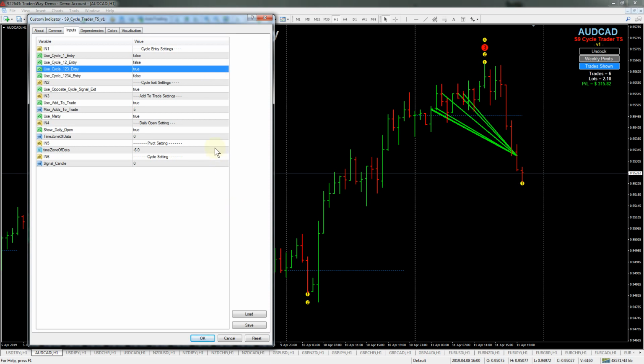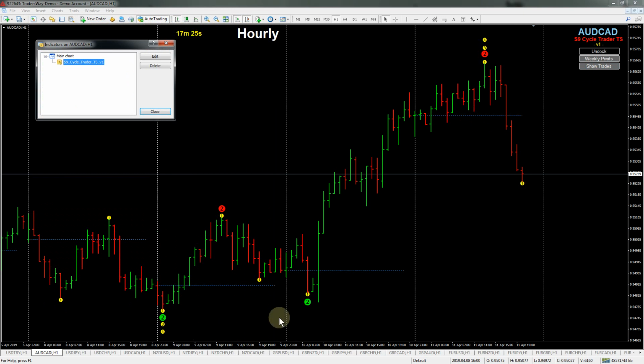So if we change this, let's say set this to false. And we can go with a 2 ball because we got a 2 down here. Let's just show you how that shows up. And as you can see, now the 2 ball lights up.